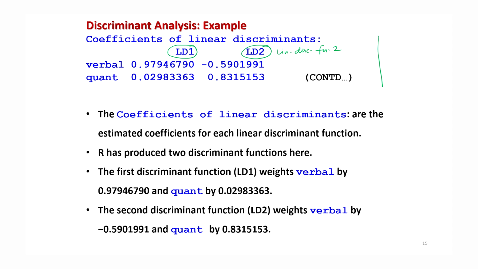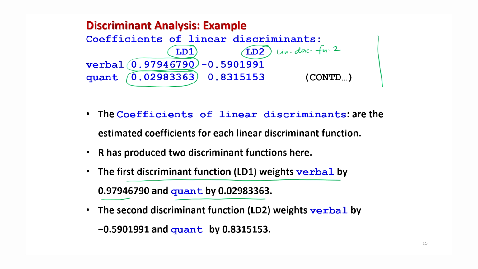In LD1, the coefficient of verbal is 0.97 and the coefficient of quant is 0.02. So I can say that the first discriminant function LD1 weights verbal by 0.979 and quant by 0.029833.